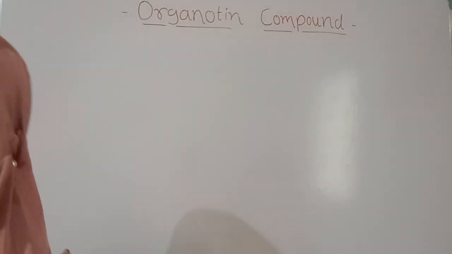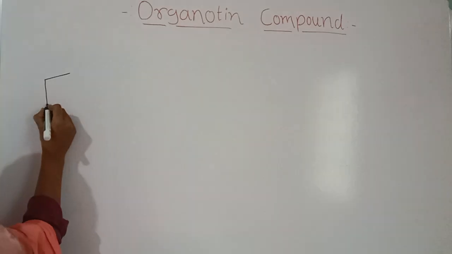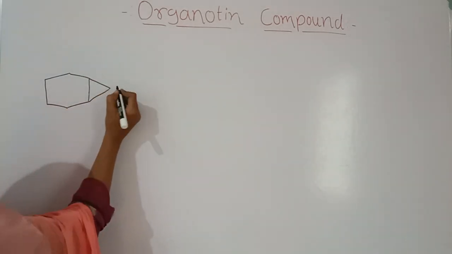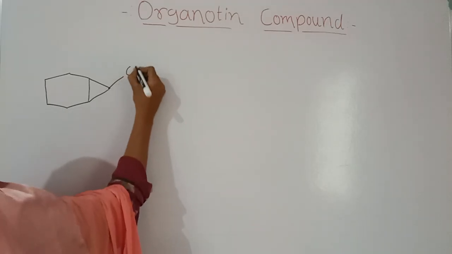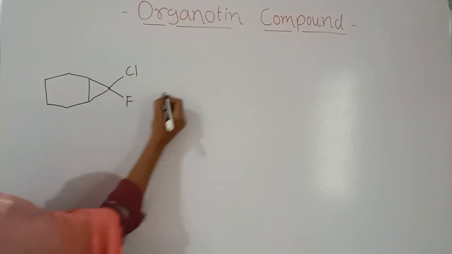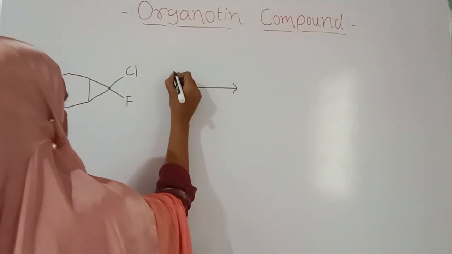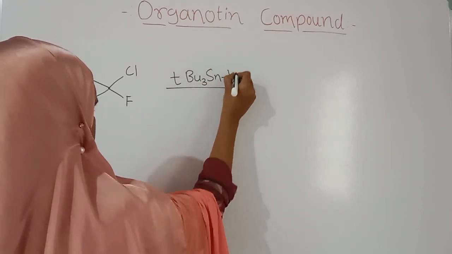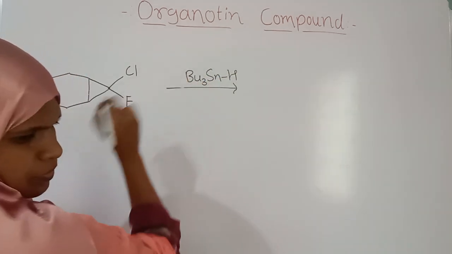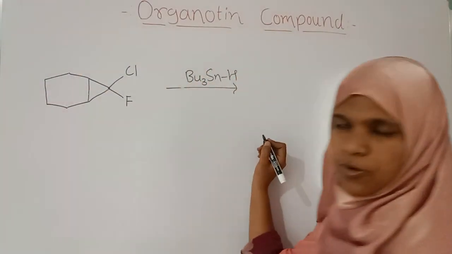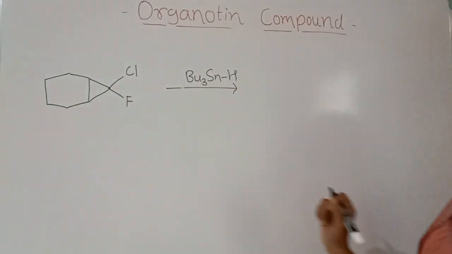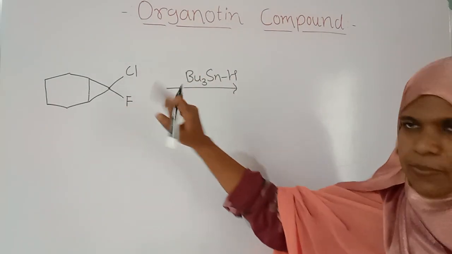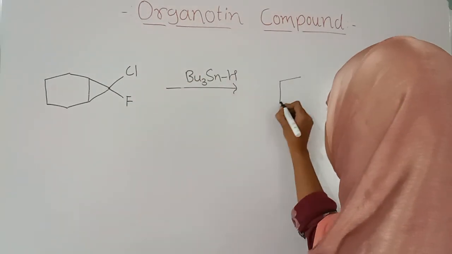It is treated with tributyl tin hydride. Then what will be the product formed? Which halogen is first reduced or replaced with a hydrogen atom? Chlorine. We already discussed their reactivity order.